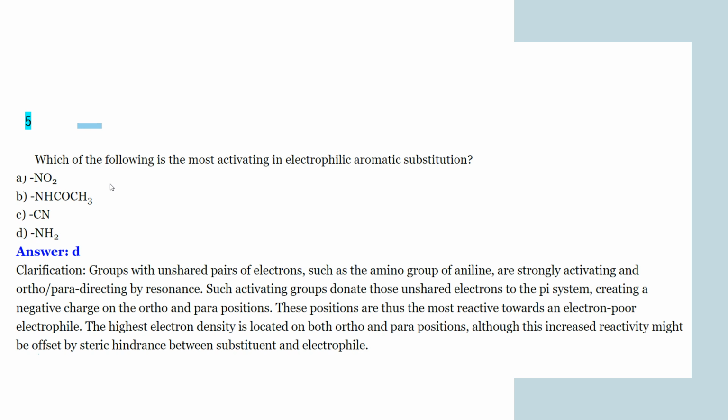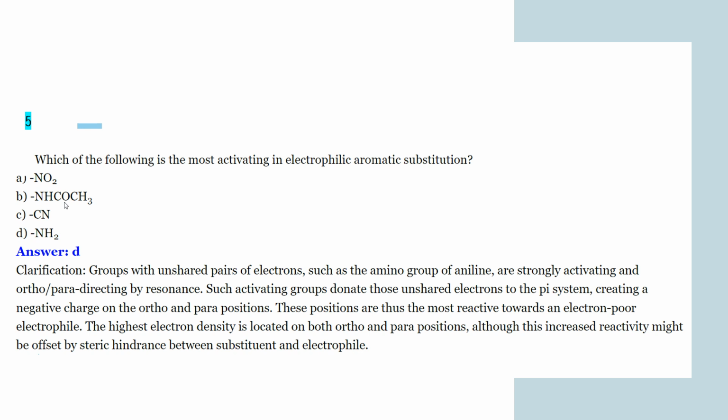And in case of amide also, amide as well pulls electrons from the aromatic ring due to the presence of this carbonyl. Amide is also making the aromatic ring electron deficient.